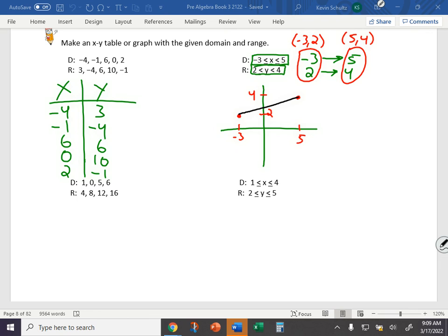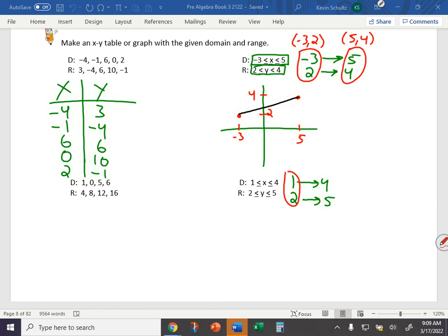So the one right below it, domain 1, and again, this is the same notation as saying 1, arrow 4, and 2, arrow 5. What ordered pairs are we going to be plotting? Tony? 1 and 2 and 4 and 5. 1, 2, right?